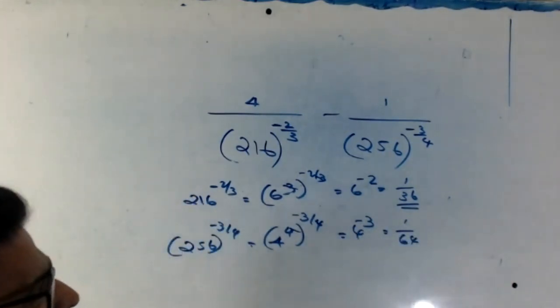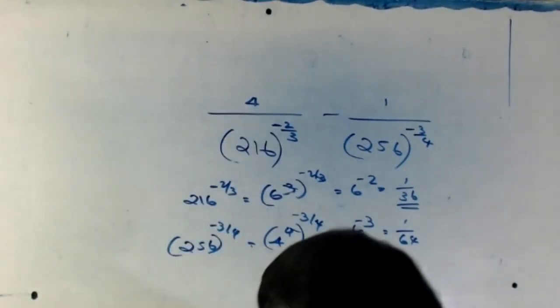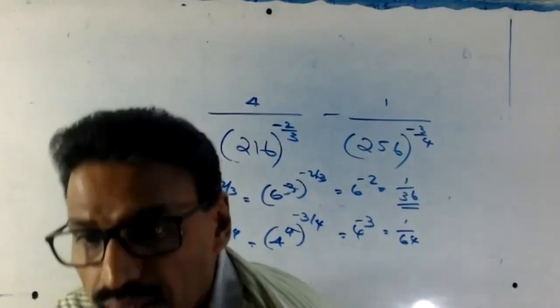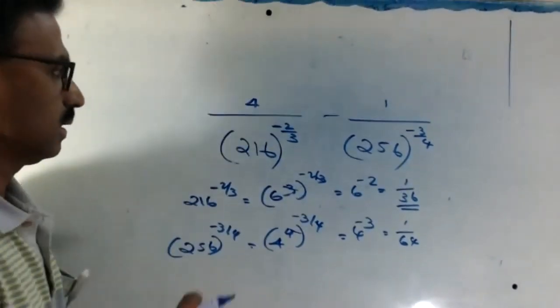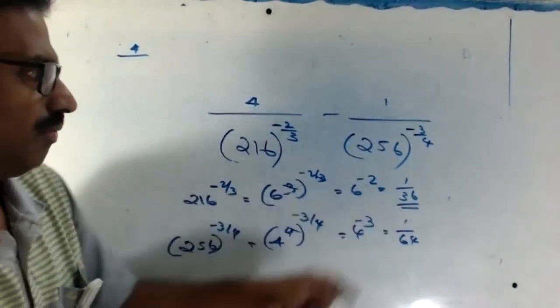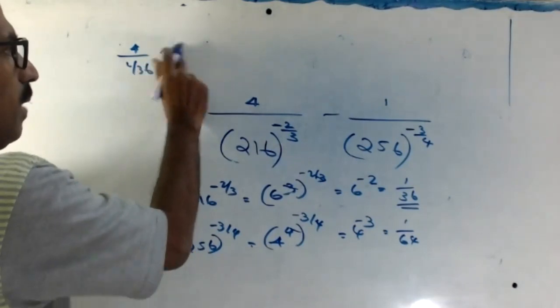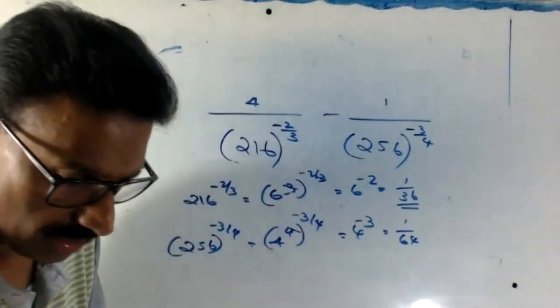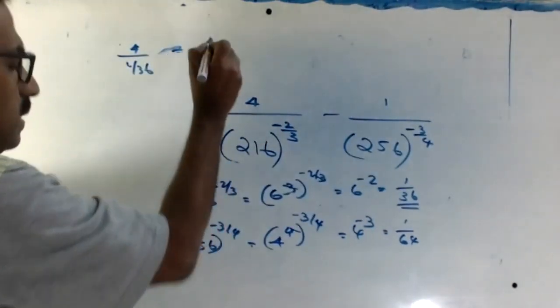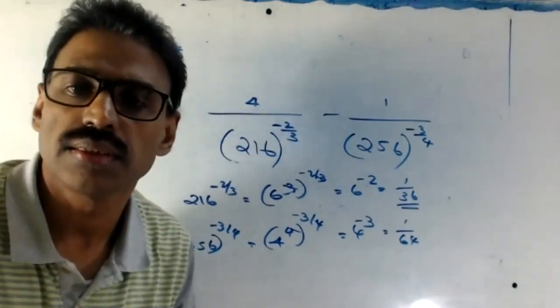Okay. Now, come to the final part. 4 divided by 1 by 36, minus or plus? Minus, right?